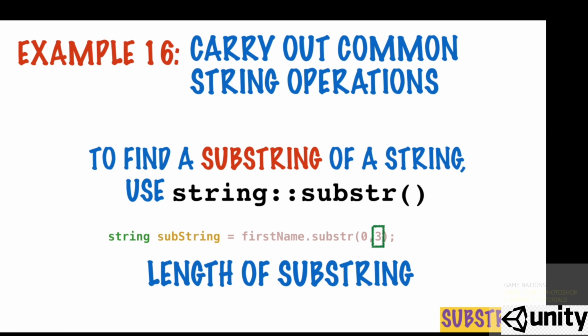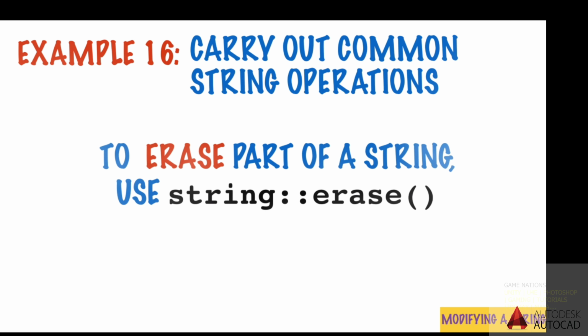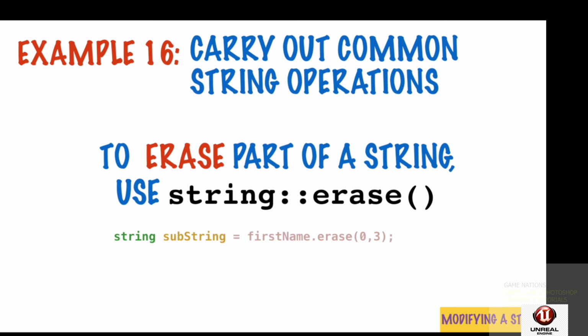Next up, let's talk about how we would modify strings, starting with the erase operation. And there again, we have a pretty obviously named member function called erase, which is used exactly like the substr function.